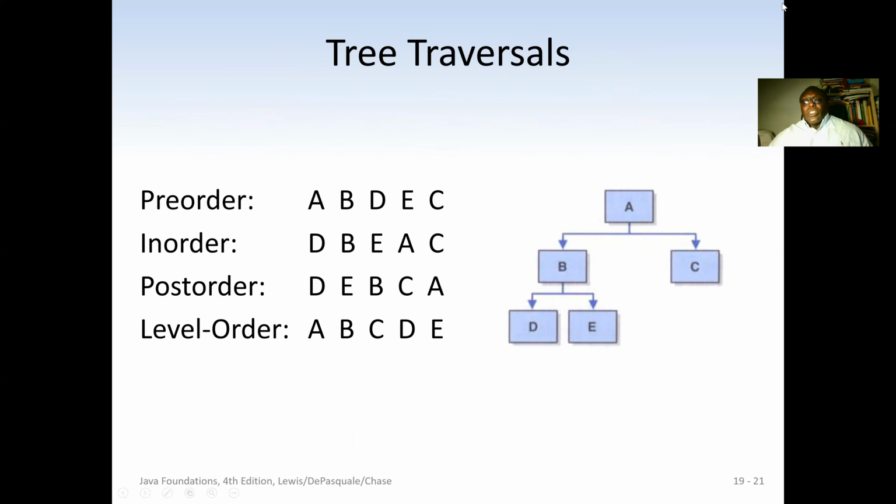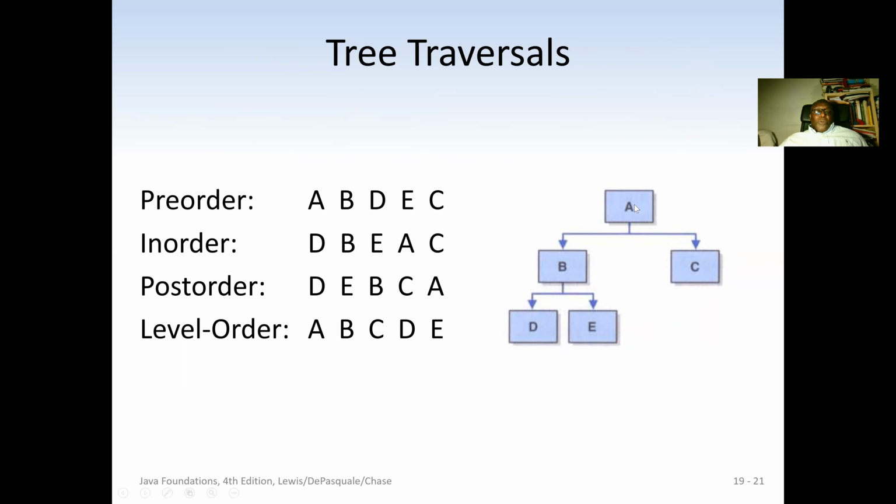So here we have a tree where A is the root. We have 2 children, B and C. C is a leaf, but B also has 2 children, D and E. So D, E, and C are leaves. Now, how do we traverse this? Let's go through the pre-order. In pre-order, we have to go to the root first, so it's A first.